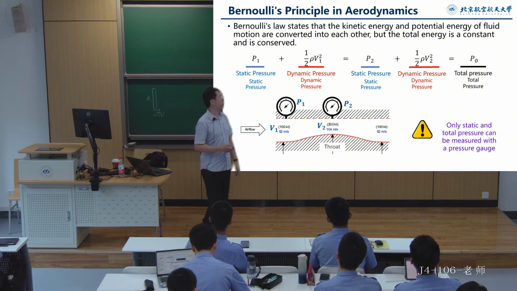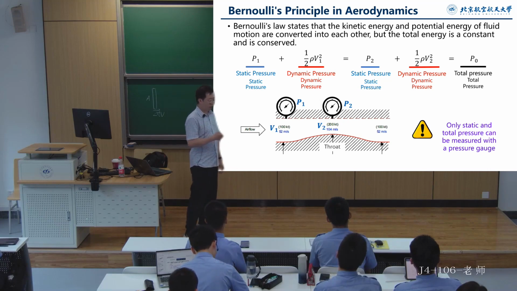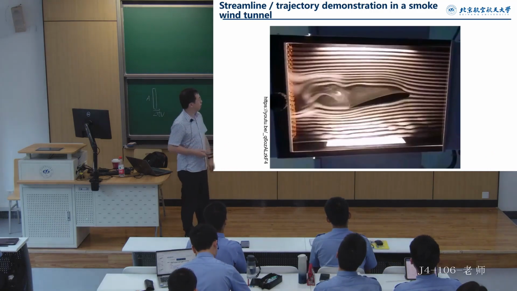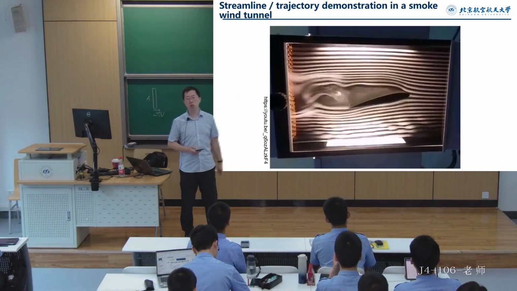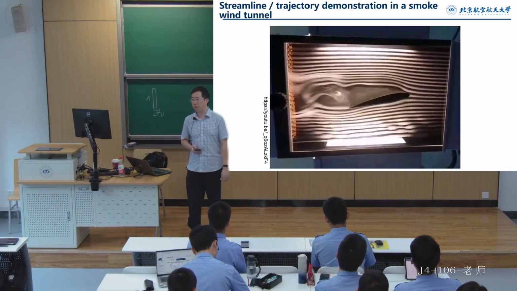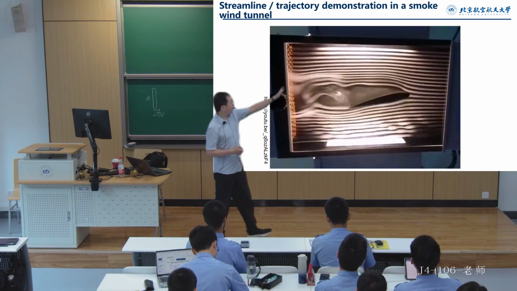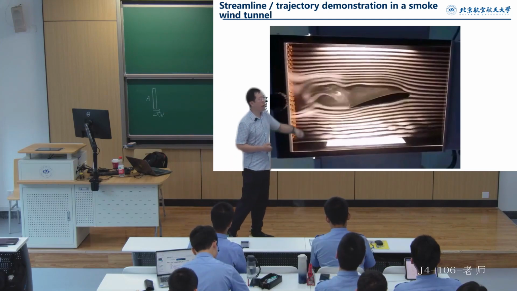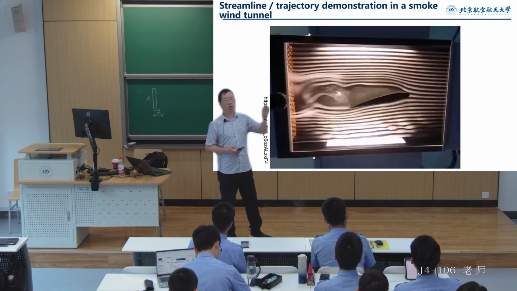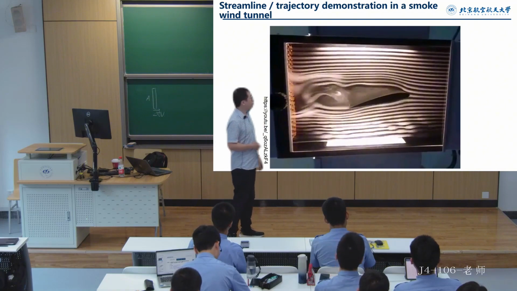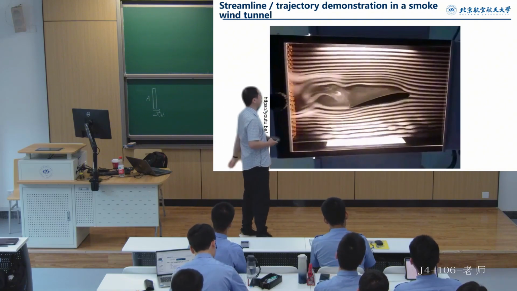And we would like to invite everyone to first watch this short video. So this is an experimental situation in a smoke wind tunnel. It uses many smoke-emitting pipes upstream of the test body, which continuously expel smoke. By using this smoke, we can observe certain phenomena.